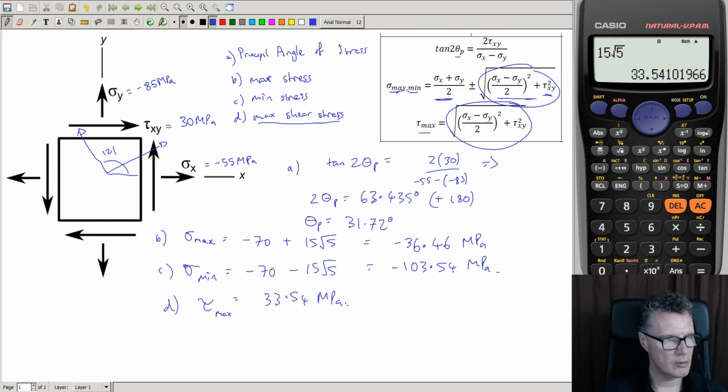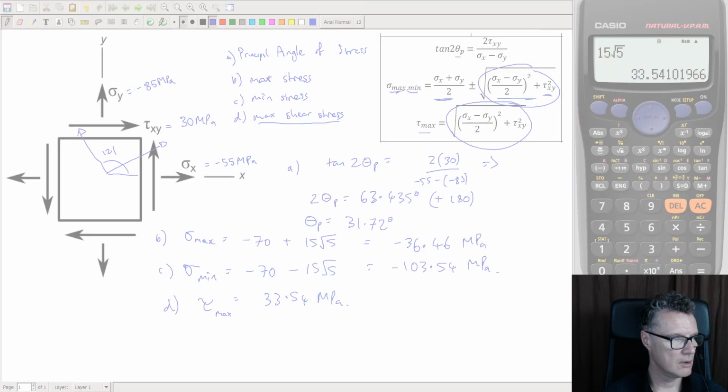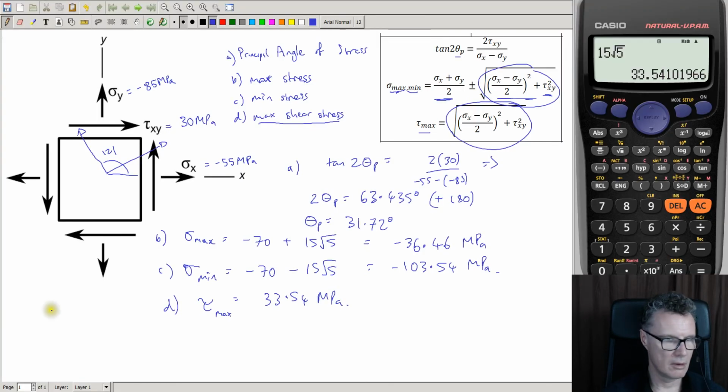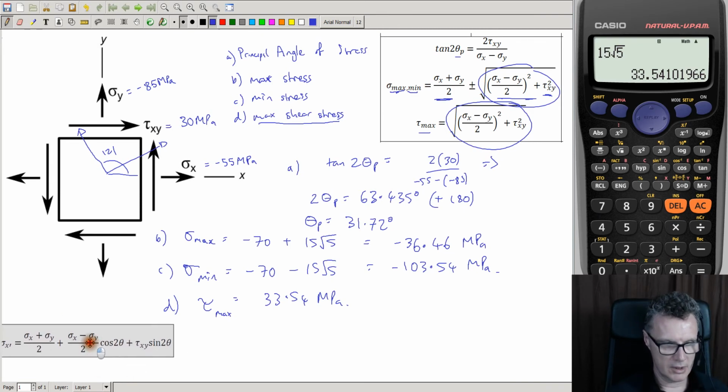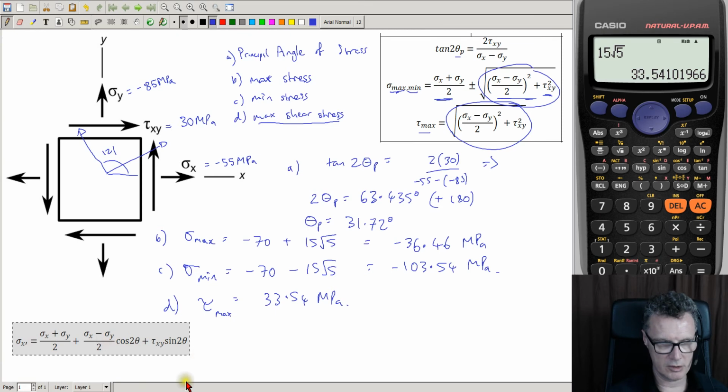And is there anything I want to do there? The last thing that you could do as a little check, I suppose, is you could use one of your transformation equations. And you could check whether it's transforming correctly. So let's use our transformation equation.